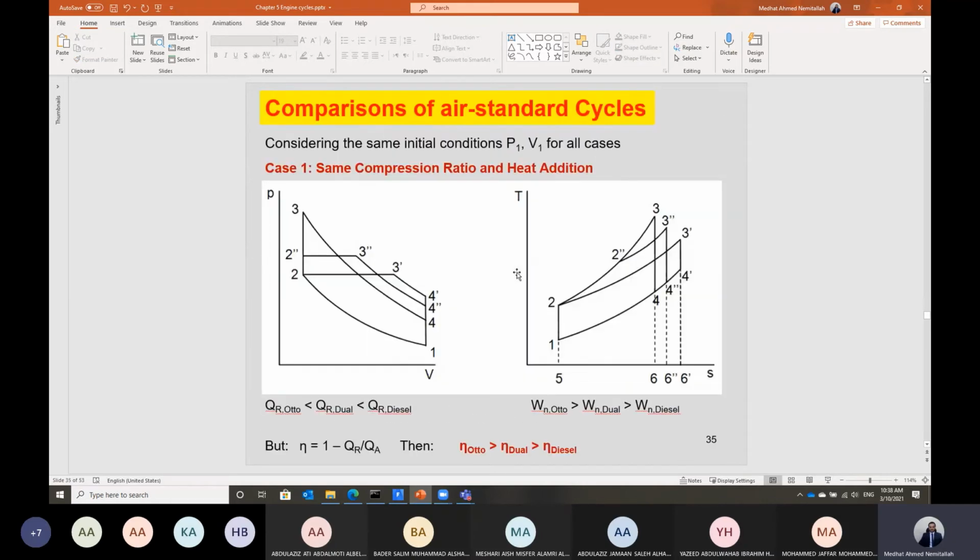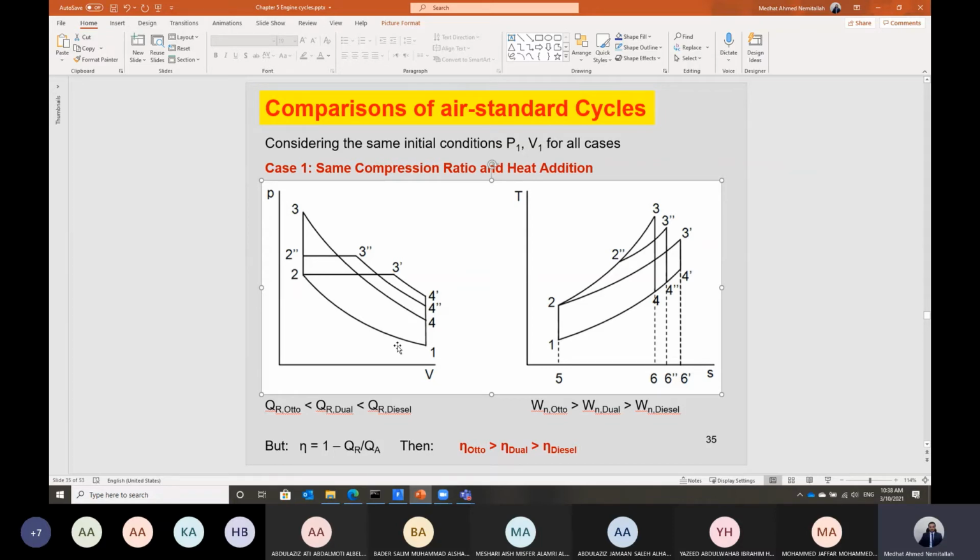Now we can plot the thermal efficiency for all of these cycles and replot the cycles. If we have the same compression ratio and the same heat addition, same compression ratio means V1 and V2 are the same. To get the same compression ratio, V1 over V2 is the same. So we have the same difference between point 1 and point 2.